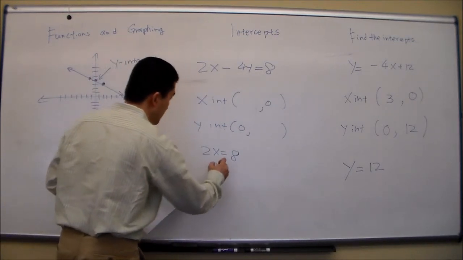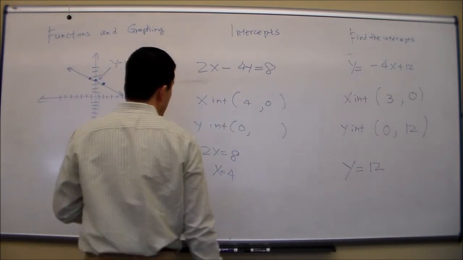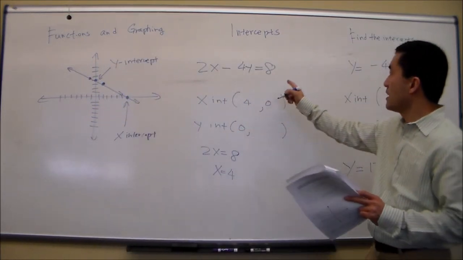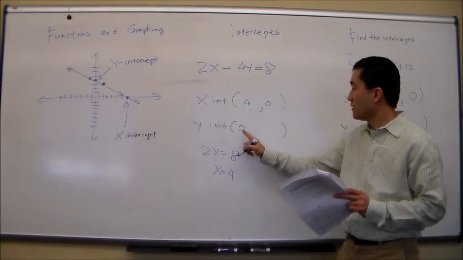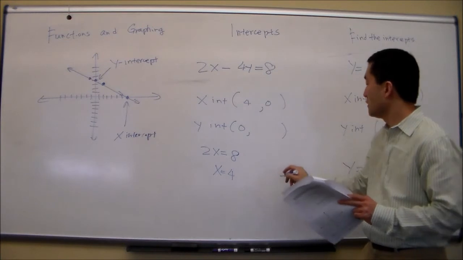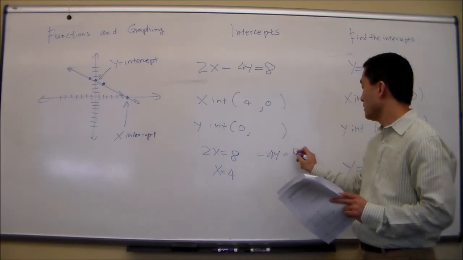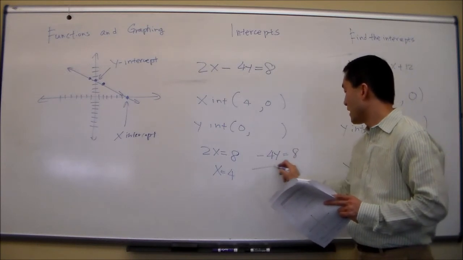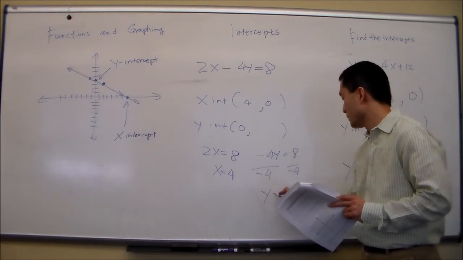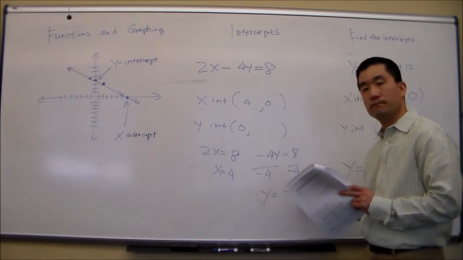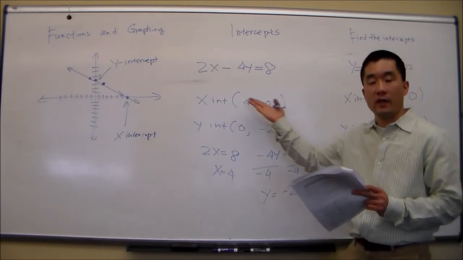What's your x? 4. How about the y-intercept? Well, it's not as easy as the previous one, but it's still pretty easy. Plug in the 0 where the x is. The x goes away. Negative 4y is equal to 8. Divide by negative 4 here. y is negative 2. So that's your complete answer.